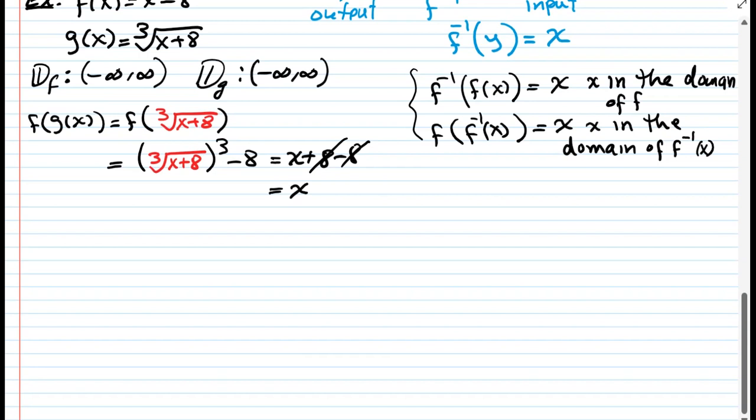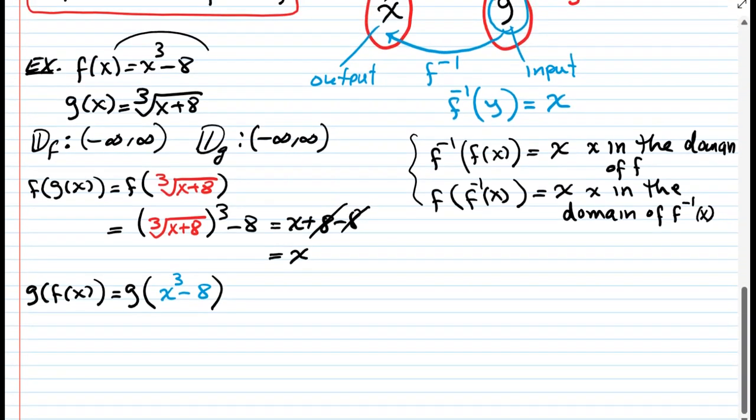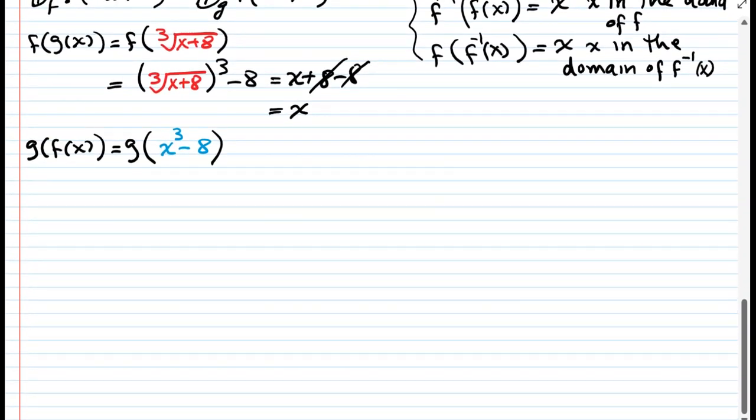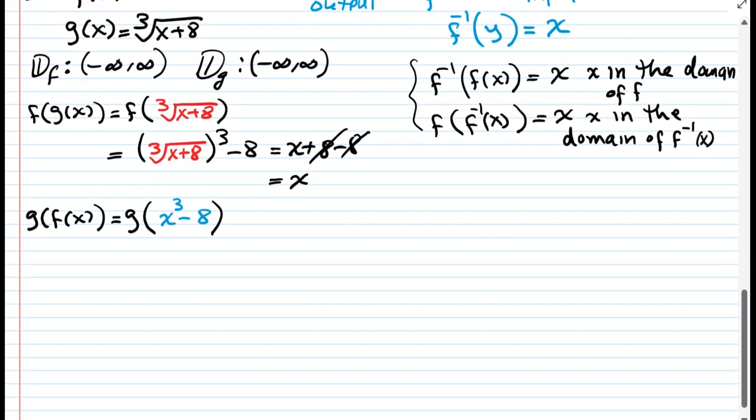Now, if I do the composition of g of f of x, for this one, I do g evaluated at f of x, which is x cubed minus 8. It's up here, x cubed minus 8. And this time we're going to plug into g. Well, g will take cube root of the input, and the input is x cubed minus 8.